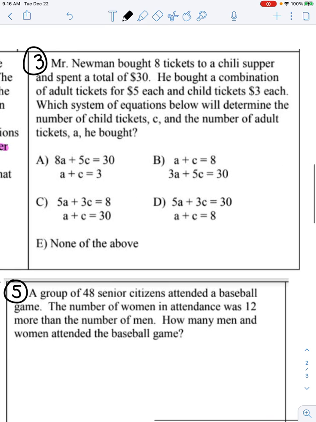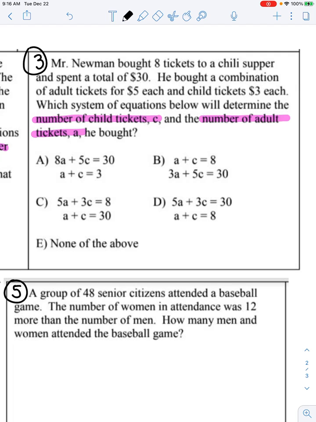Let's try one more. On your practice, you're going to see some multiple choice stuff, so here's how you tackle that. Mr. Newman bought 8 tickets to a chili supper and spent a total of $30. He bought a combination of adult tickets for $5 and child tickets for $3 each. Which system below will determine the number of child tickets, C, and the number of adult tickets, A, that he bought?